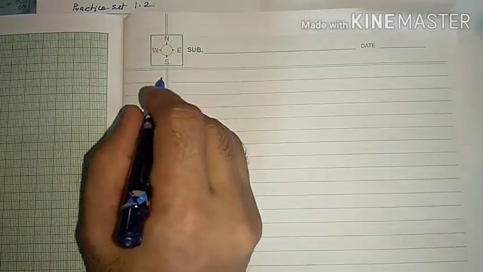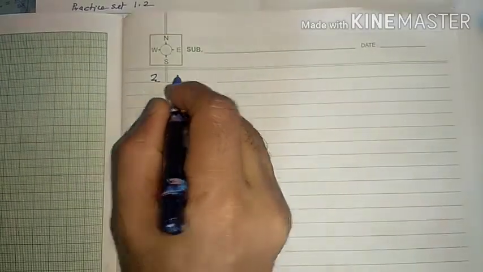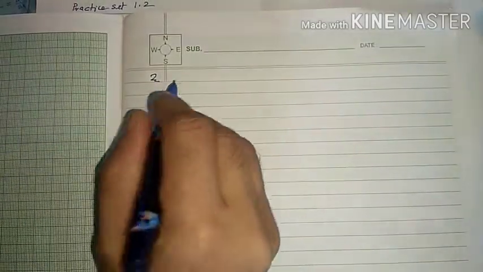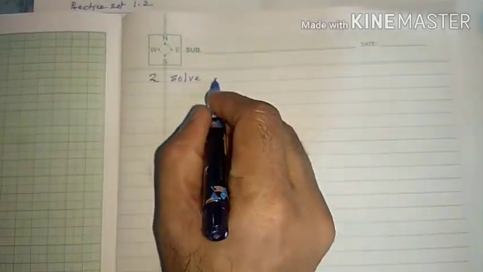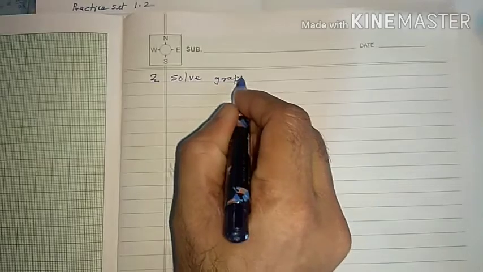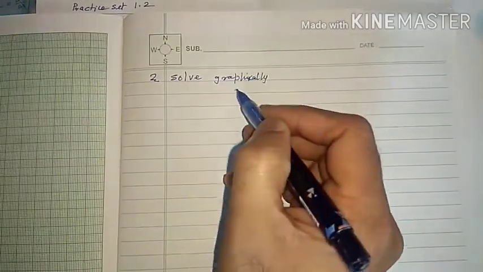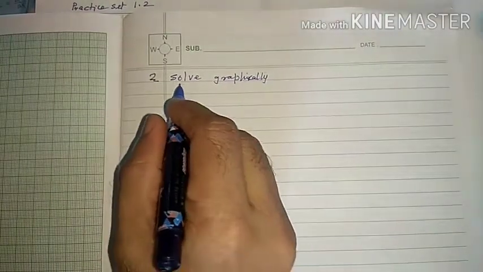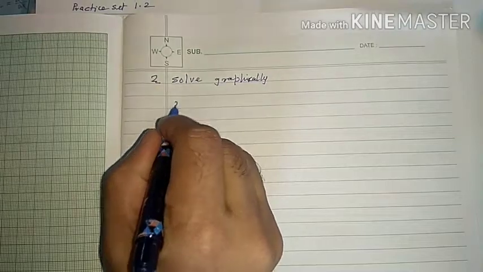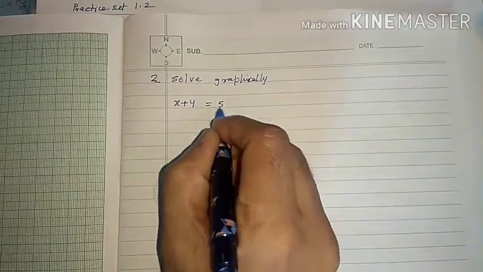Question number 2. Solve the following graphically. First question: x plus y equal to 5.